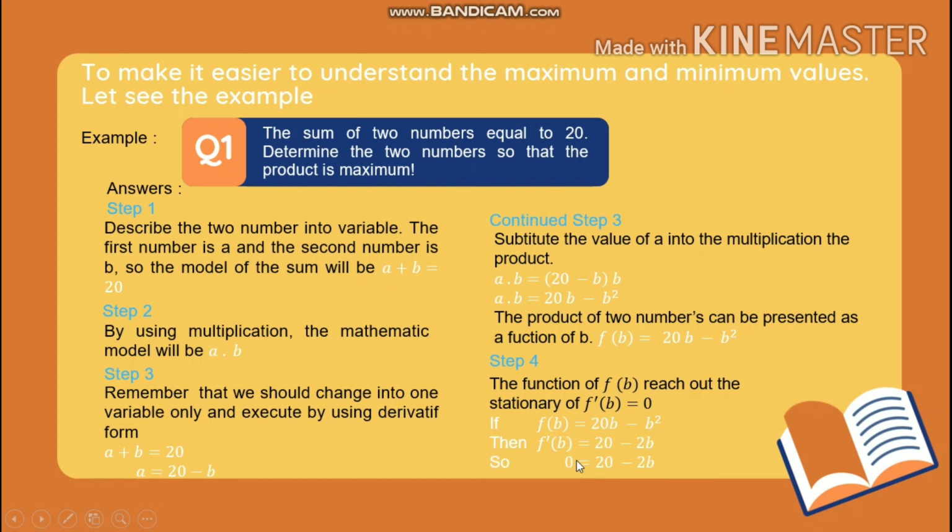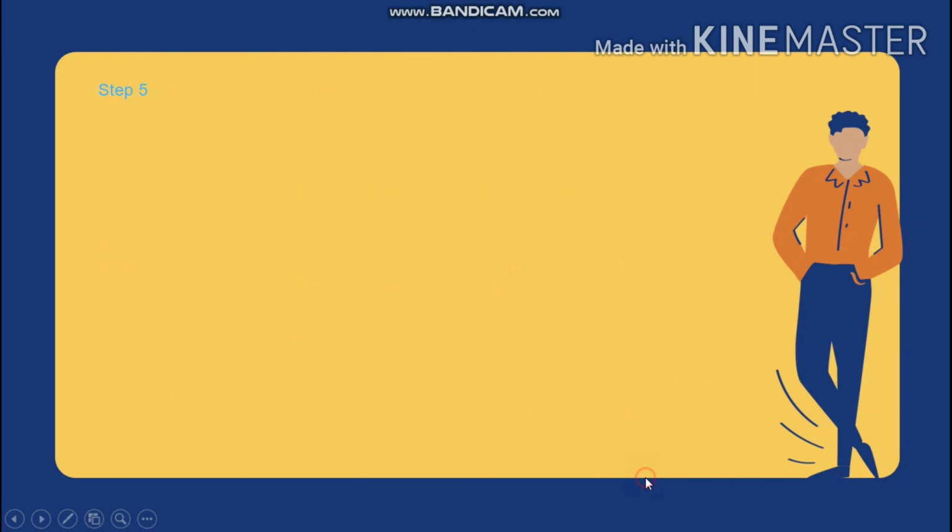So 0 equal to 20 minus 2b. Step 5. Find the value of b. 20 minus 2b equal to 0. We can change 20 to the right side, so 2b equal to 20 and b equal to 10.